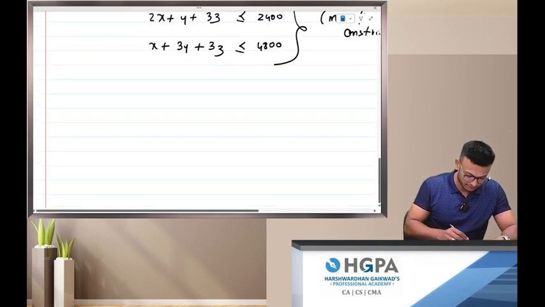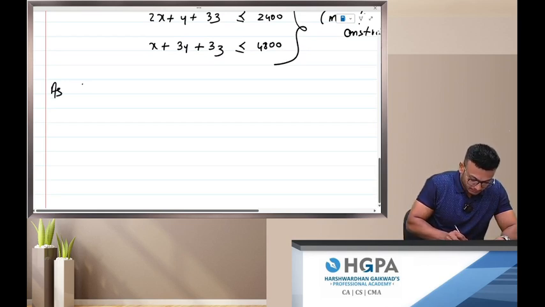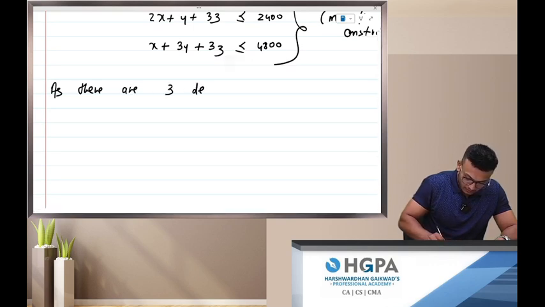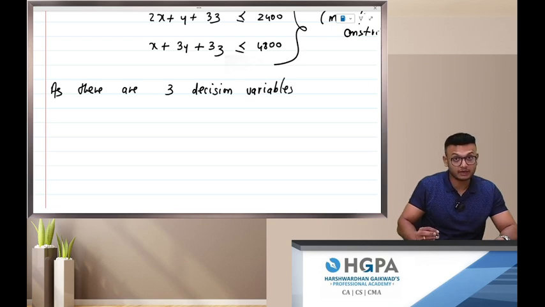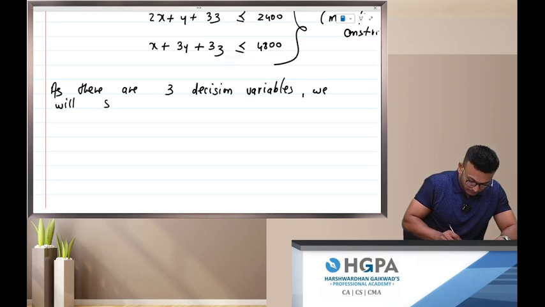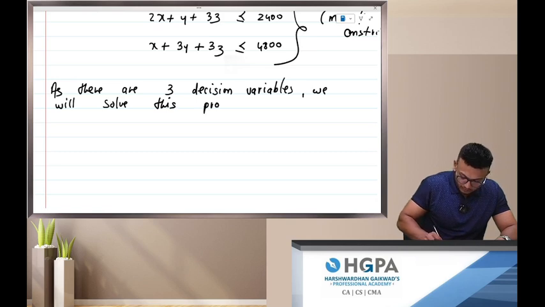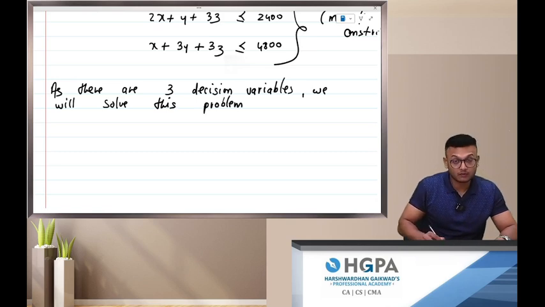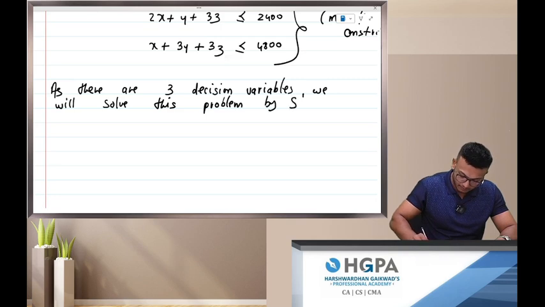First thing we'll write here, as there are three decision variables, we will solve this problem by simplex.